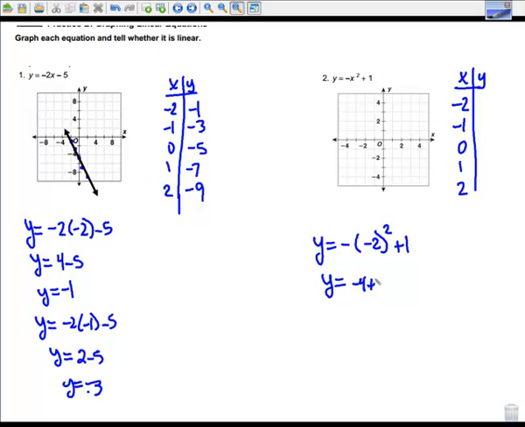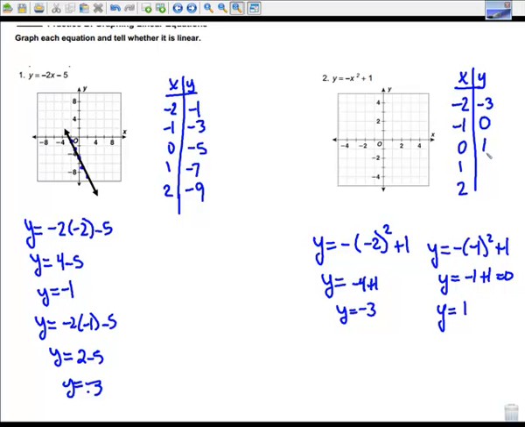So I have -4 plus 1 is -3. I'll do the same thing with the -1, so y equals the opposite of -1 squared plus 1. -1 squared is 1, but the opposite is -1, plus 1 is 0. When I plug in 0, the opposite of 0 squared is still 0, plus 1, so I get a 1.